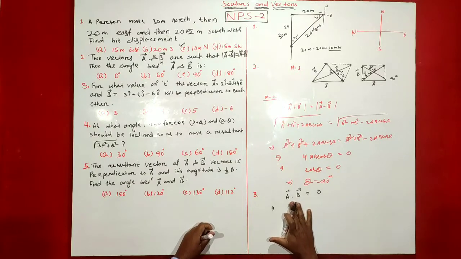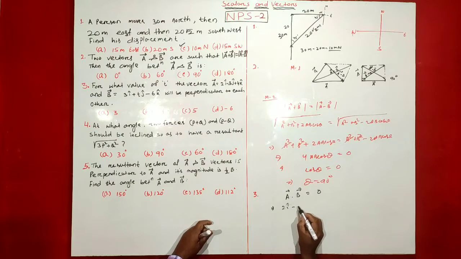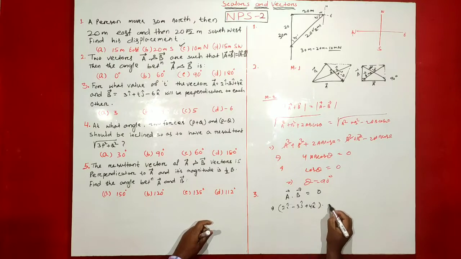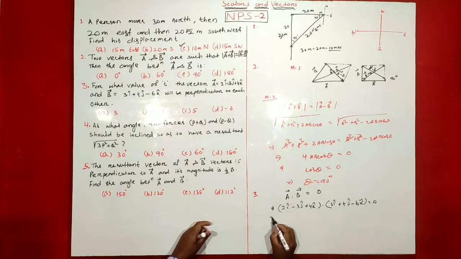Here we can find it by taking the vector dot product of two vectors. Given A is equal to 2i cap minus 3j cap plus 4k cap, dotted with B vector, that is 3i cap plus t j cap minus 6k cap, is equal to 0.